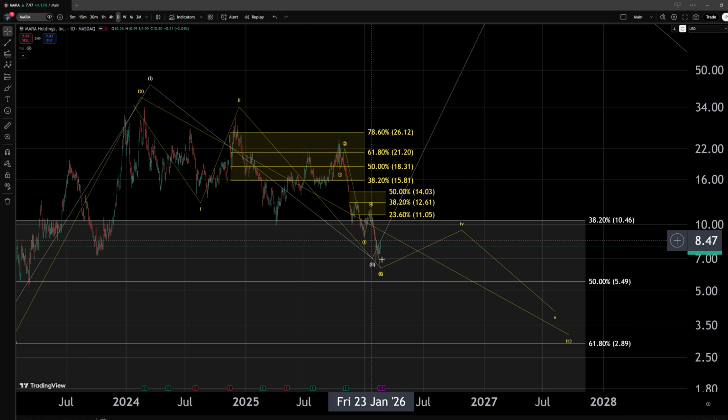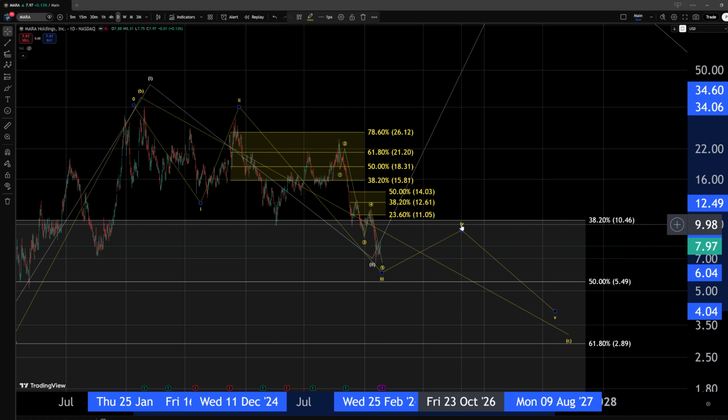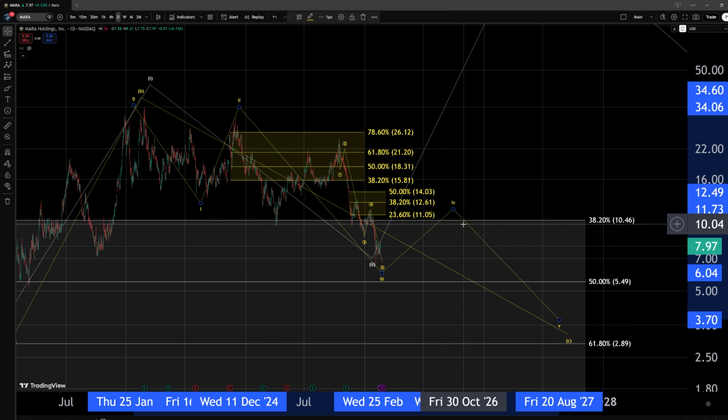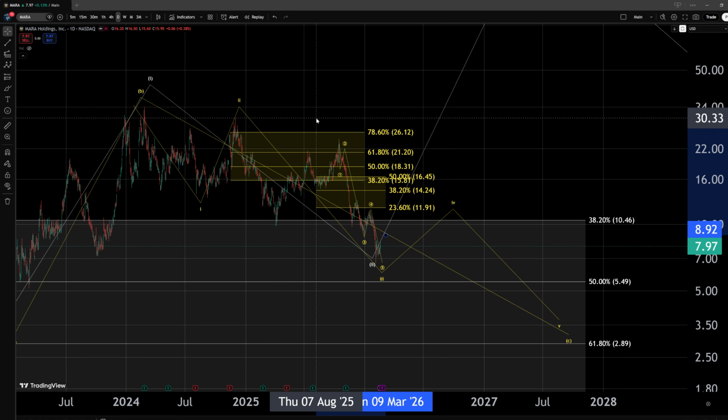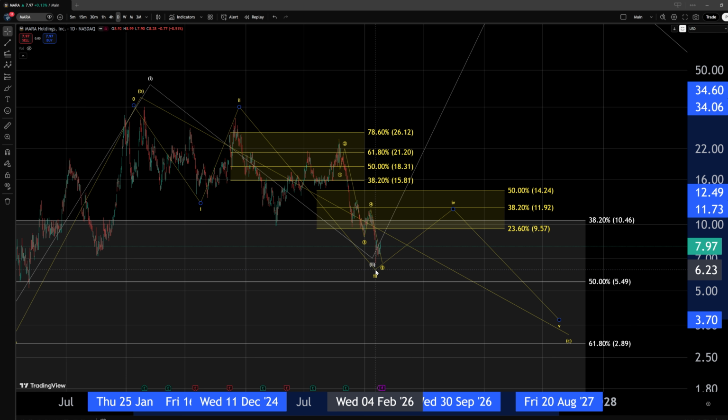Now, based on the internal count, I could be looking for a bottom to be in place within this wave 3, but even then, I would still be looking for at least another low before I would consider a more clearly substantial bottom to be in place, courtesy of having a full count. So, at this point, what I would focus on primarily is here a larger area of resistance for this larger wave 4, yeah?